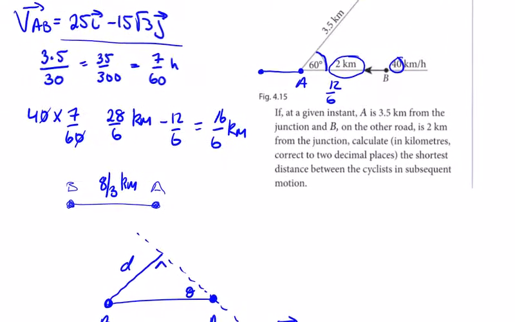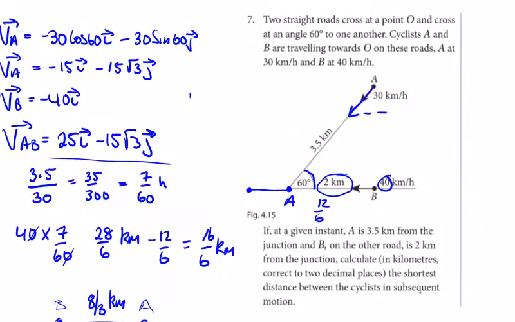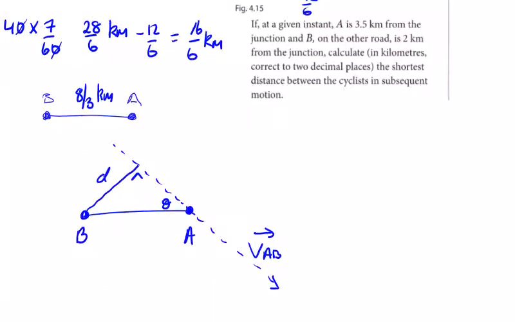So let me see, we have the tan of theta is equal to 15 root 3 over 25, which if I divide by 5 is going to be 3 root 3 over 5. So tan of theta is 3 root 3 over 5.